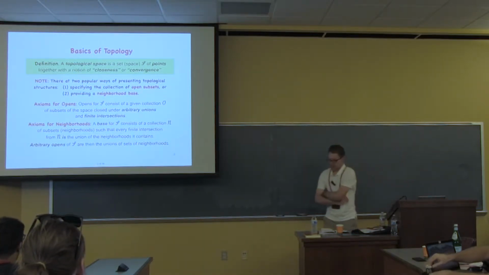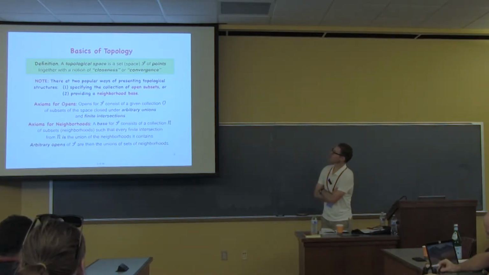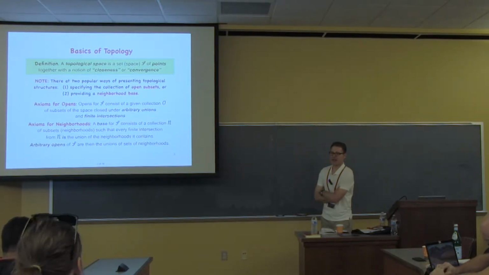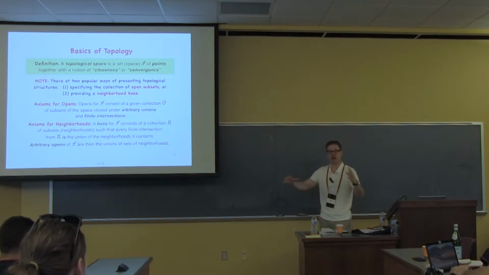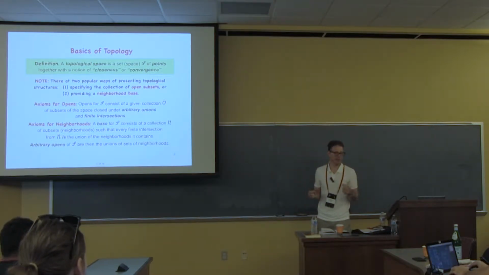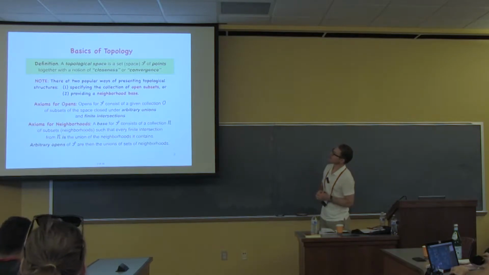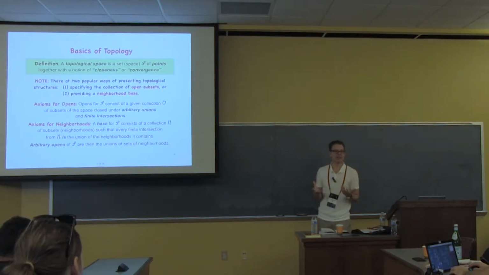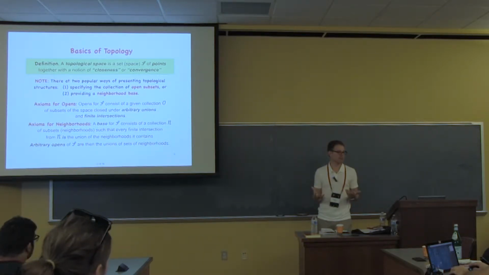So we all use abstraction a lot, to take a lot of common things and be able to talk about them in one fell swoop. And topology is a kind of abstraction like that. Perhaps one of the main examples that you'll want to keep in your head from school is the real numbers.